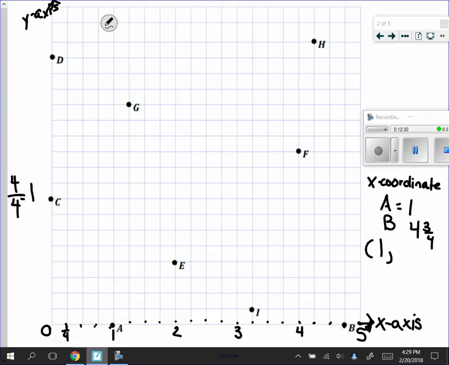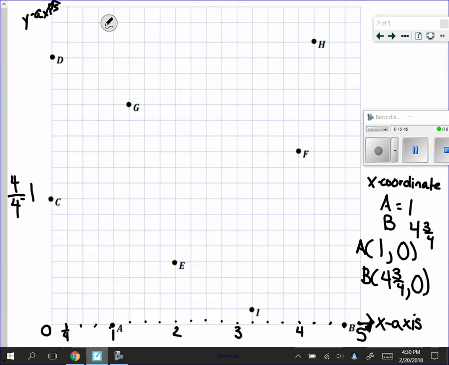No. So it's 0, because it's on the x-axis. And the same with B: 4 and 3/4, a y of 0.